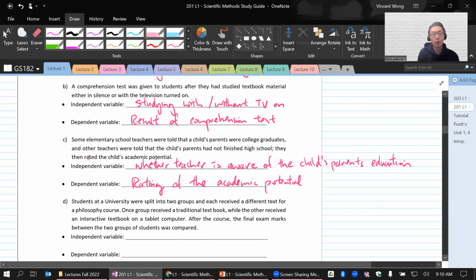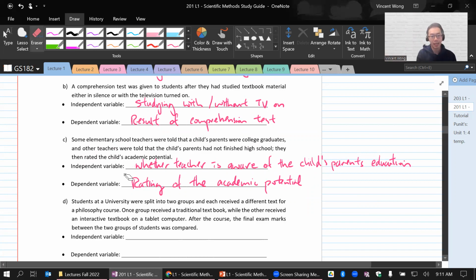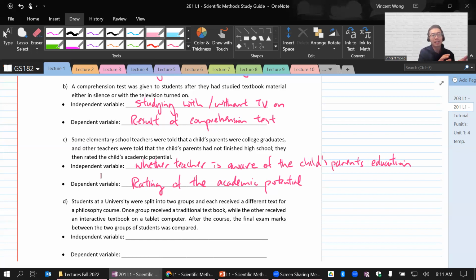Okay, whether you tell them about the parents' education or not, that's something the experimenter has control over. You either tell the teacher, okay, this kid's parents went to university, this kid's parents have a PhD, whatever. So you can control whether to tell them or not. That's what makes it the independent variable. The dependent variable is, now that the teacher knows or doesn't know, is that going to affect how they see their students' academic potential? Oh, that's what it means. Okay.